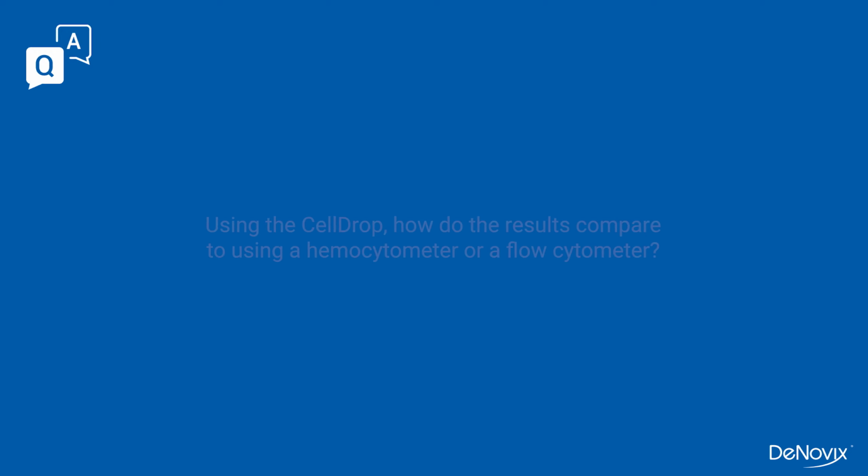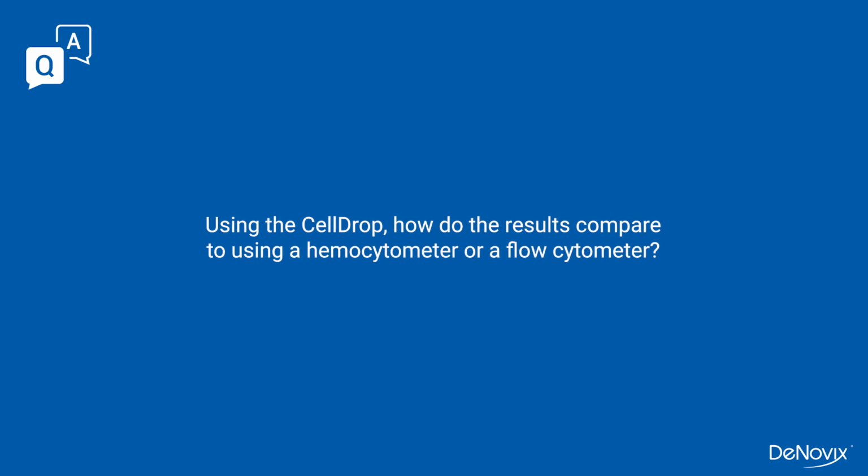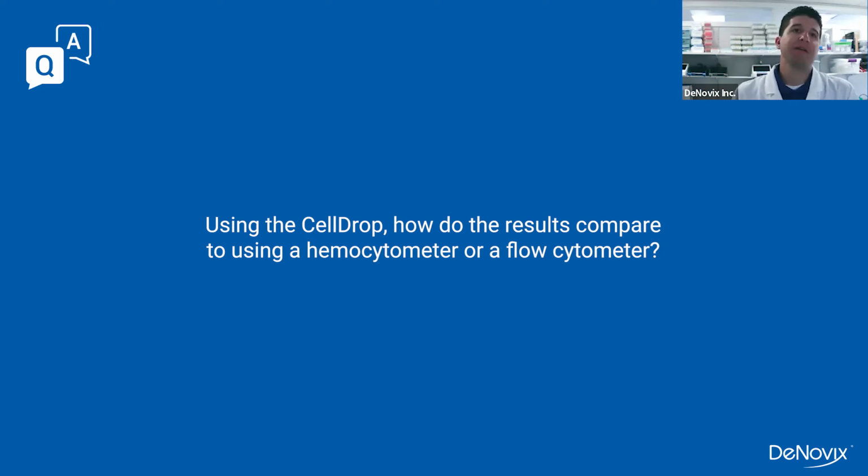Another question's come in. Using CellDrop, how do the results compare to using a hemocytometer or a flow cytometer? So with a hemocytometer, as I've pointed out from my slide, there's a lot of subjectivity in those counts. So the CellDrop tends to align closely with maybe the average answer over a large, 10 replicate study, but the precision of the CellDrop is much tighter than the hemocytometer.